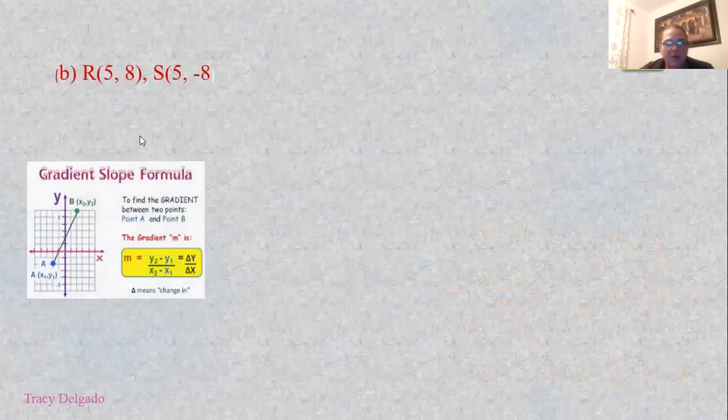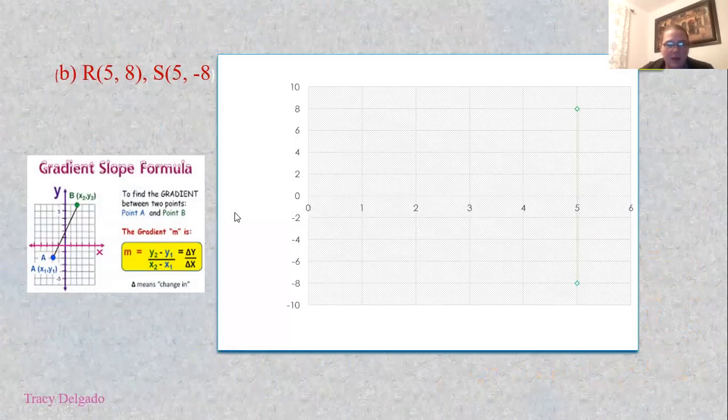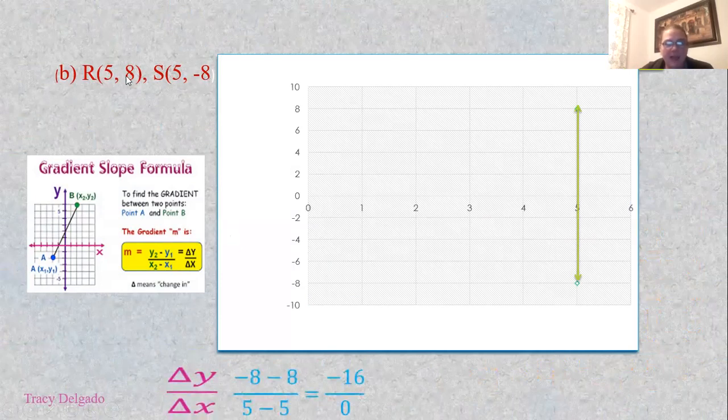Our next one, the same thing, R and S. Our change in y over change in x will be minus 8 equals negative 16. And our 5 minus 5 equals 0. So in this case, our slope is undefined. It's not going anywhere. It's just going up and down a vertical line.